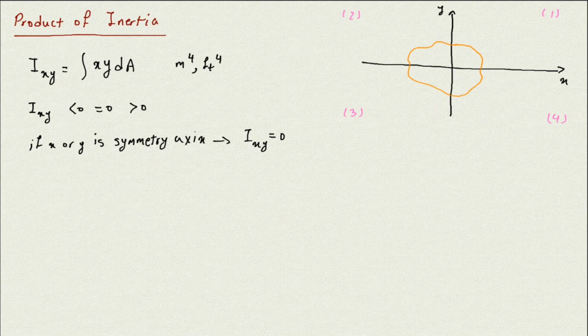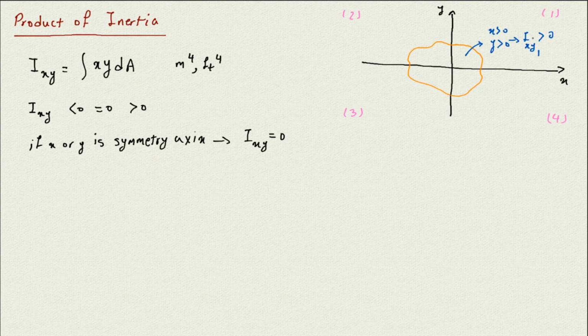Now if I want to write it for the very first area, in this area that is going to be 1, I know that x is going to be positive and y is going to be positive. Therefore Ixy for this particular area in the first quadrant is going to be positive, because dA is positive, x is positive, y is positive.